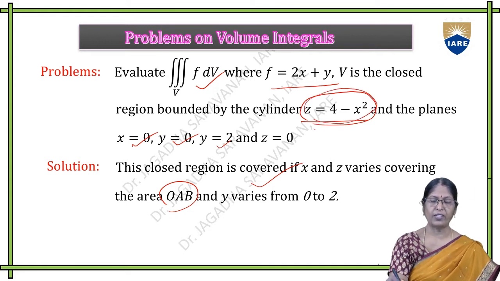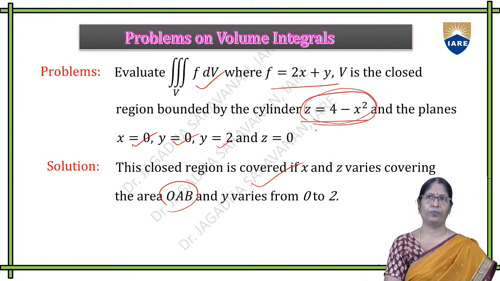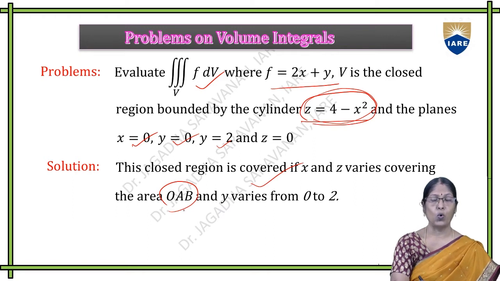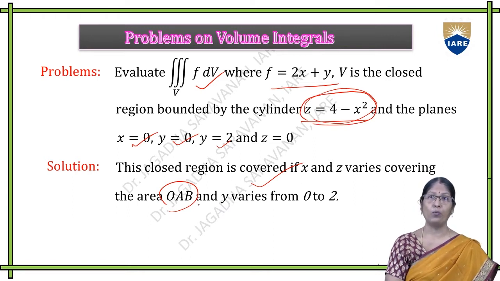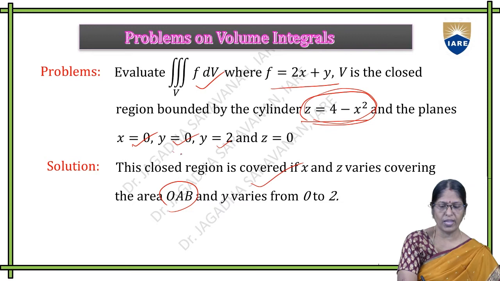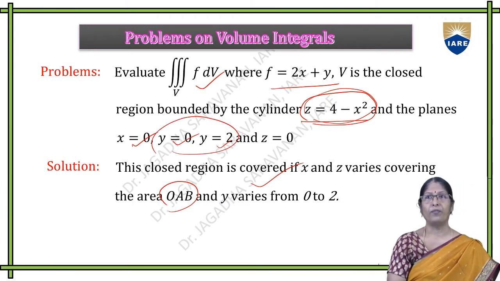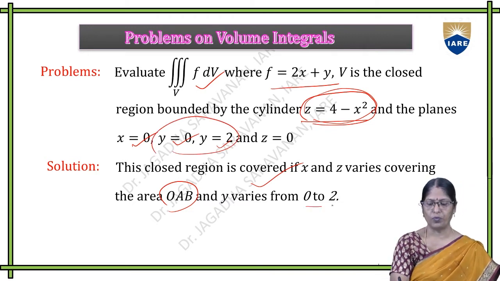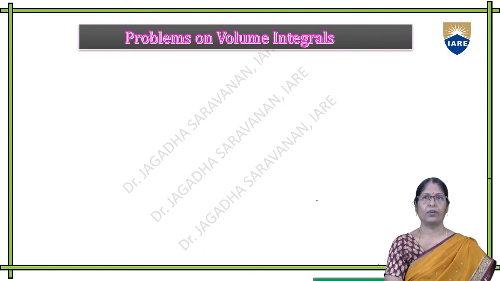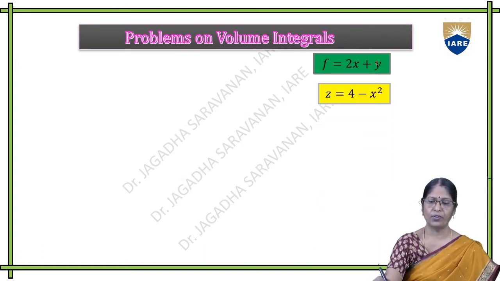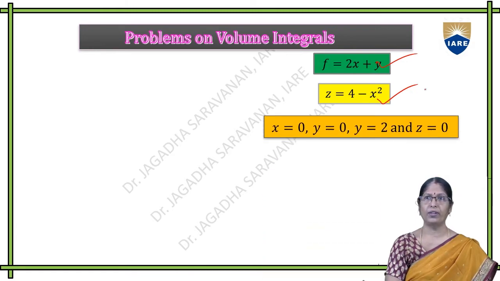This condition satisfying the curve is framing the geometrical figure, that is a triangle OAB, and y varies from 0 to 2, easily we can see. That's what is written here. So this is our function, this is our curve condition, this is our bounded region to frame the conditions which are given in our problem.